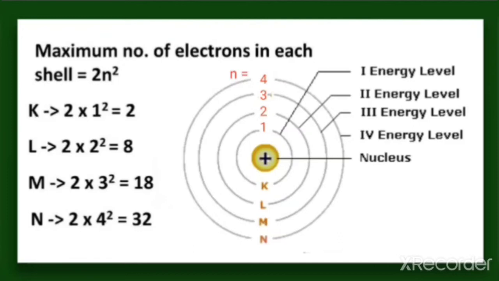In the N shell, 32. So better we write this like this: first shell, 2; second shell, 8; third shell, 18; and the fourth shell, 32. So this formula we apply to find out the maximum number of electrons which can be accommodated in the different shells.